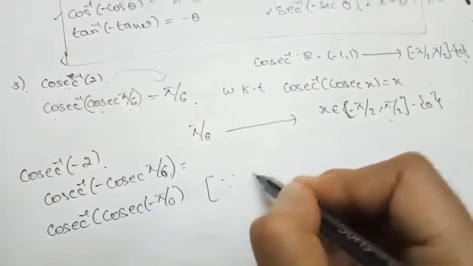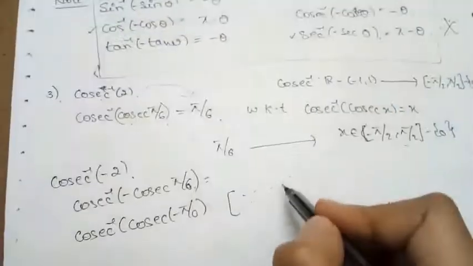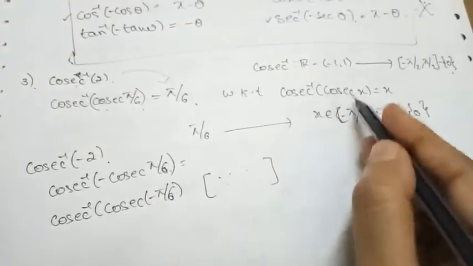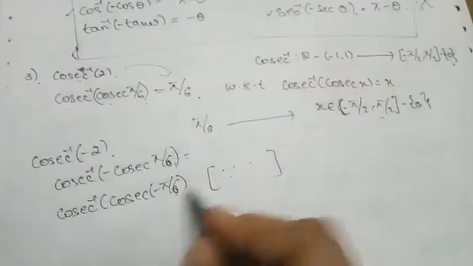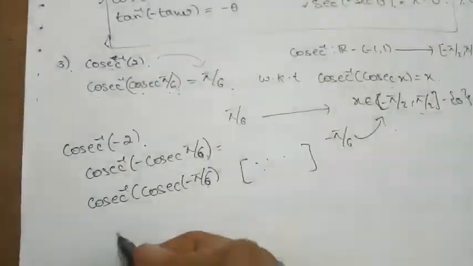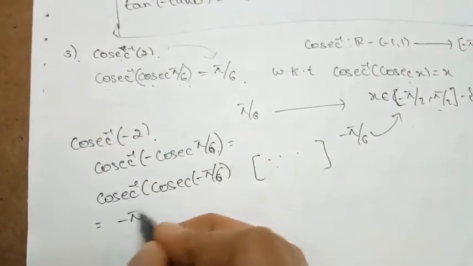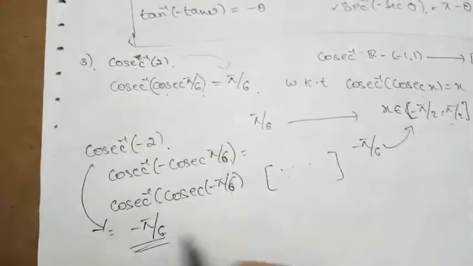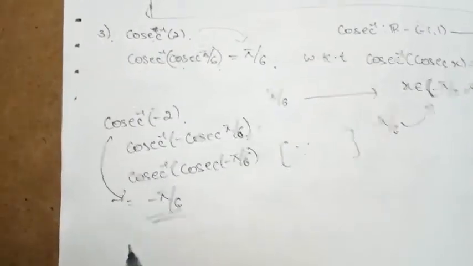Why? Because of this property. Now this is in the format of cosecant inverse of cosecant x, where clearly minus pi by 6 belongs to this range. So the principal value of cosecant inverse of minus 2 is minus pi by 6.